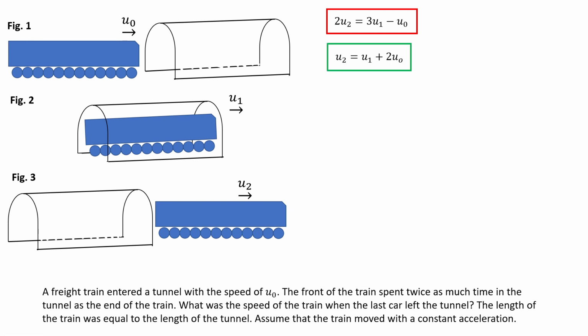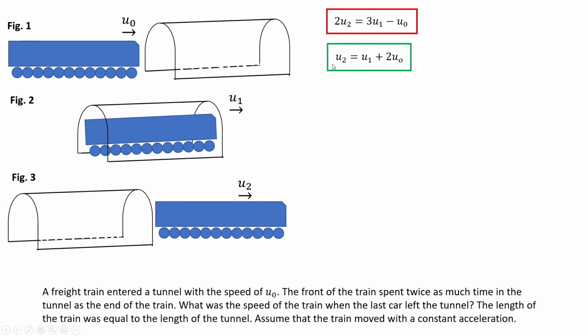Now we're going to just keep those two equations with us. And the next thing we're going to do, we're going to take the second equation and multiply it by 3. And then we're going to take this second equation, take it and subtract the first equation from it. Okay?